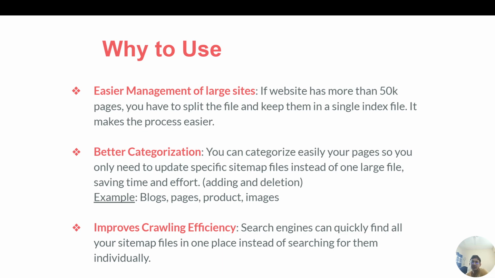Suppose you want to change any sitemap, you don't need to struggle. You can go to that particular file and add or delete the URL which you want. So that's why it's very beneficial. Categorization you can do with the help of sitemap index files.